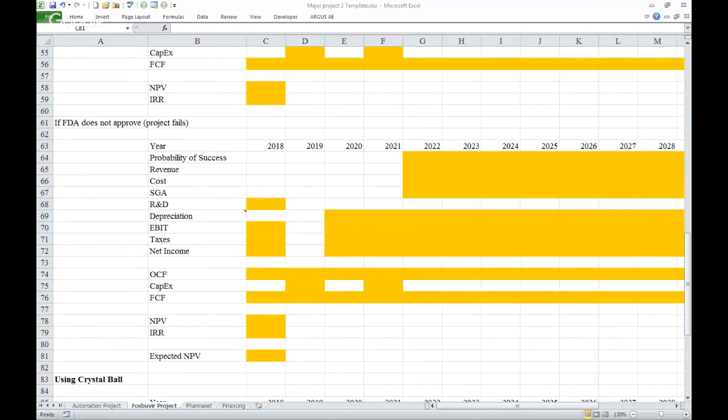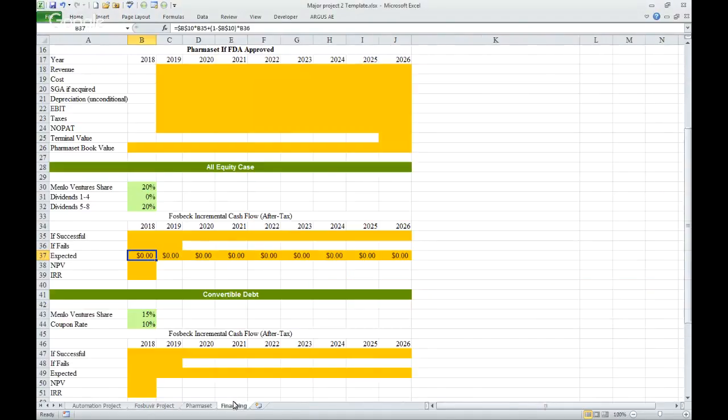Okay, that one I already covered. Okay. Expected free cash flow, ignore probabilities in all equity case. I think probably my comment was related to exactly this situation.